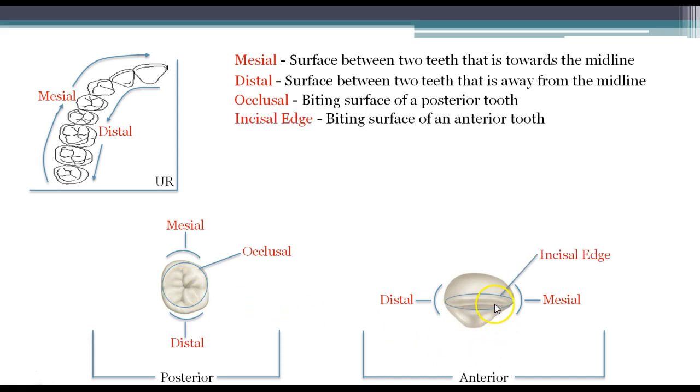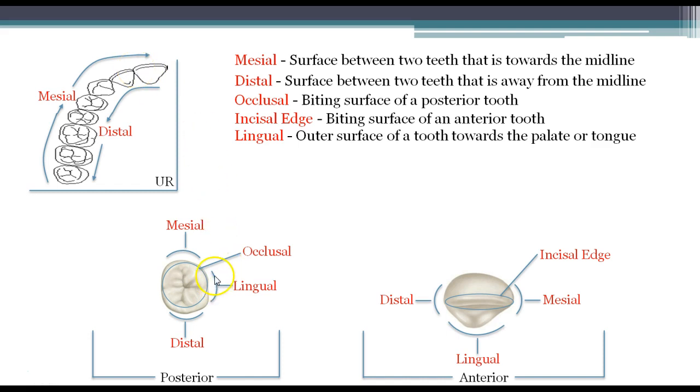Then for anteriors, it's a very thin edge. It's called the incisal edge. Now, these are not made for chewing. They're just mainly made for biting. That's why they're so thin, and they can be a little bit sharper. So for posterior, it's occlusals. For anteriors, it's incisal edge. So that's just like the very tip of an anterior teeth.